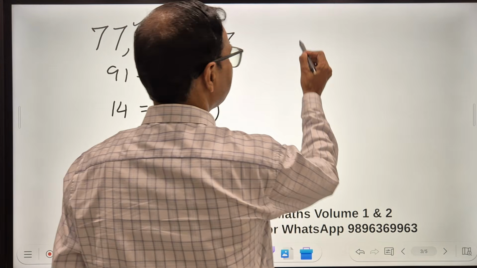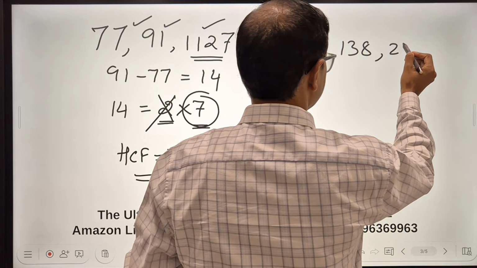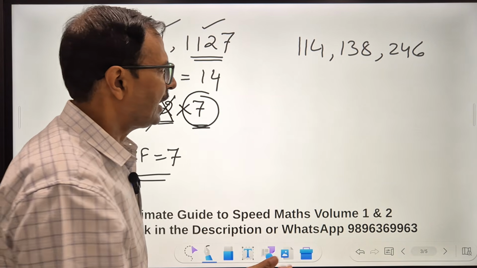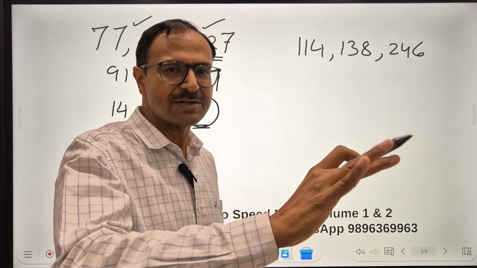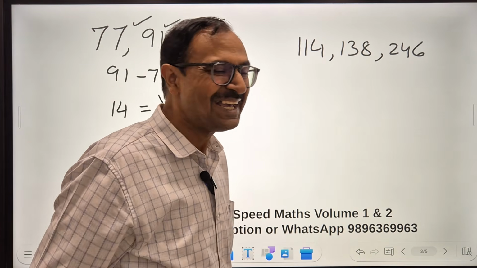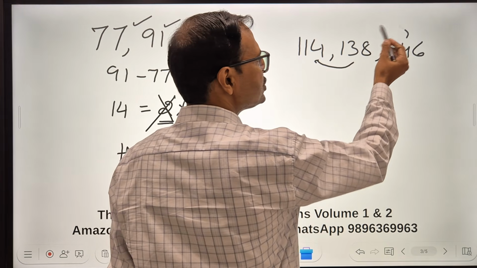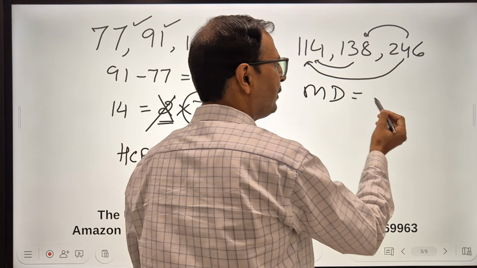Here we have 114, then 138 and then 246. Let's talk about these three numbers. See, the largest and the smallest, the difference between them is obviously going to be larger than the other differences. I need to find the MD. MD is the minimum difference.